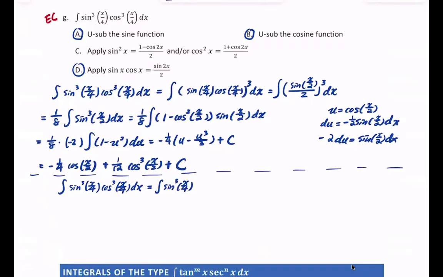And break one cosine for the du part, we have 2 left. And we're gonna do the sine sub.